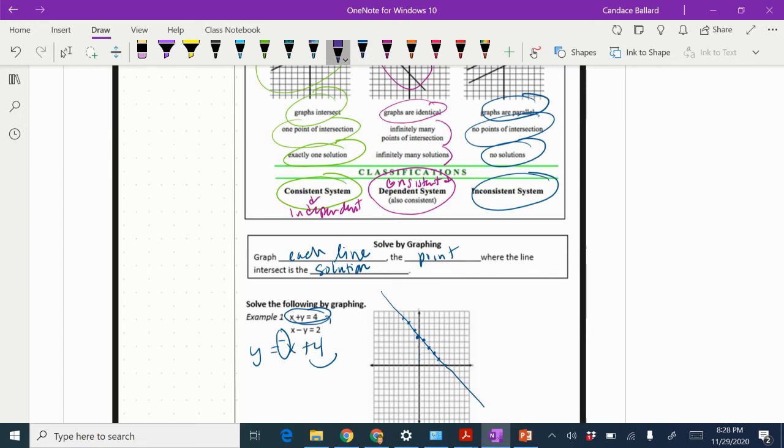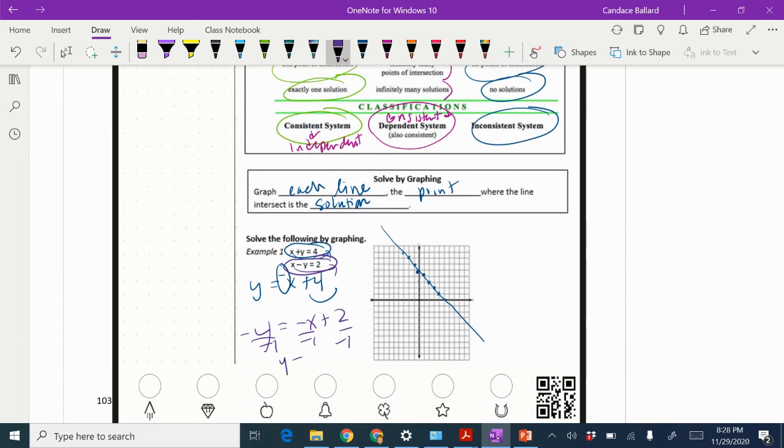Okay, and then I'm going to look at my other line. I am going to subtract the x, so we get negative y equals negative x plus 2, and then I have to divide by negative 1. So you get y equals x minus 2. So my y-intercept on this one is negative 2. And I have a slope of up 1 over 1.